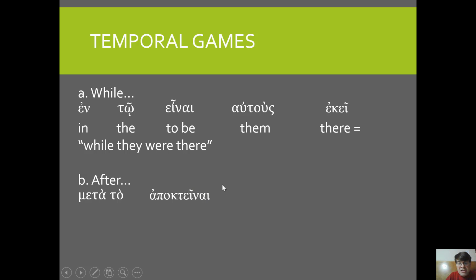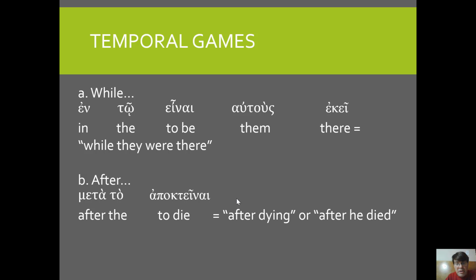So it's the ending -ai, but without the sigma. So after the to kill becomes, yes, it is to kill. Sorry, the slide is wrong. Should be after the to kill, and then you're going to process it as "after he killed," "after killing," something like that. Sorry, I got it wrong.